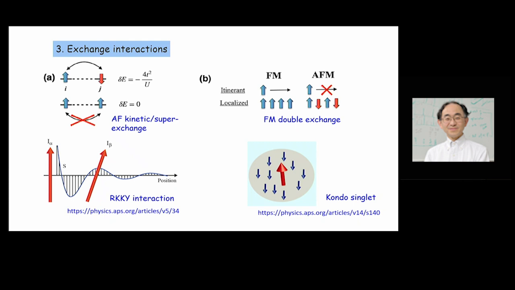And then this hopping is blocked, right? Because now this conduction electron spin is supposed to point down. So it costs a high energy. So that's why for this moving conduction electrons, the t2g spins are preferred to be ferromagnetic.